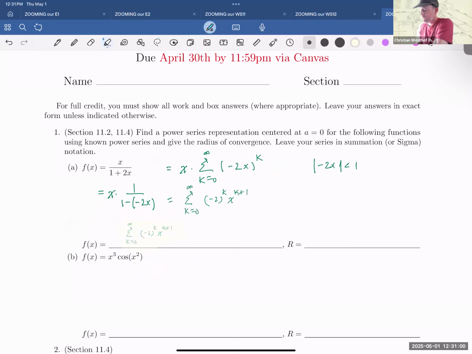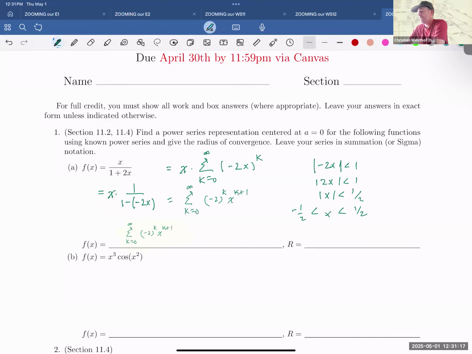And then for the interval of convergence, the absolute value bars would make that negative 2 a positive 2. Then you divide by 2, and that tells you x is between negative 1/2 and 1/2.